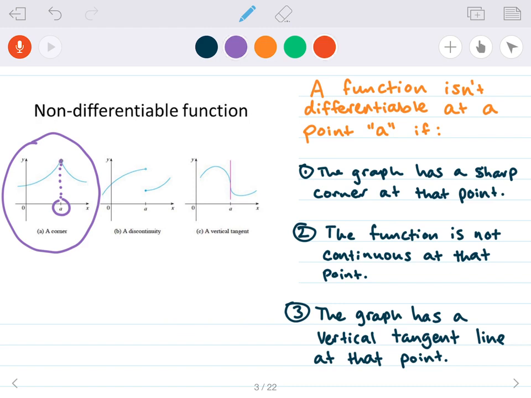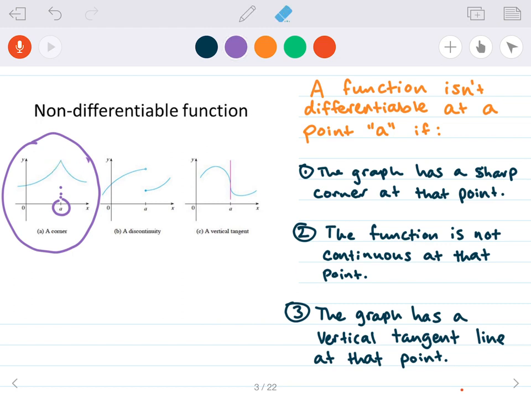And why is that? Well, from the left-hand side, the slope of the tangent line seems to be positive. But on the right-hand side, the slope is approaching something that appears to be a negative slope. And so that is why it is not differentiable at a corner.